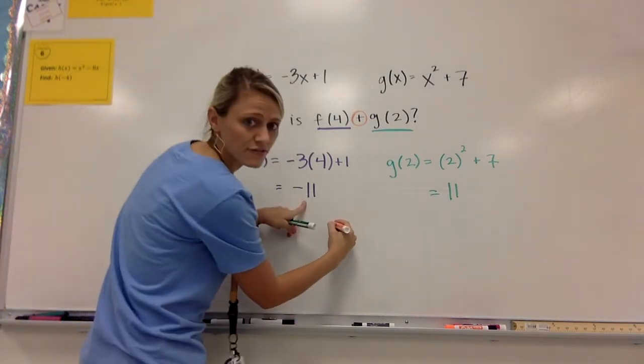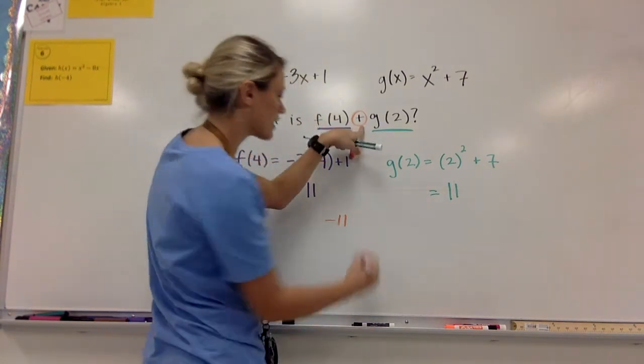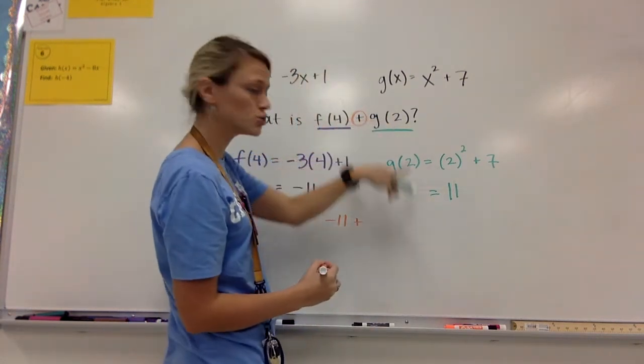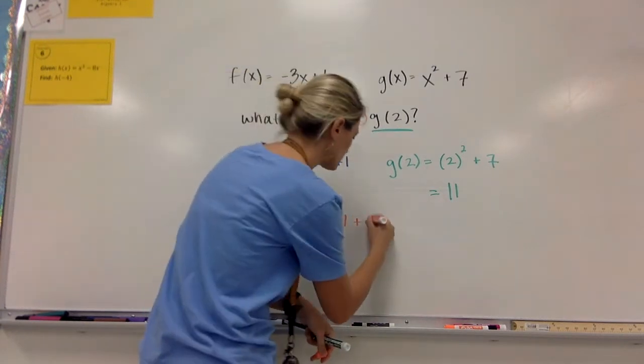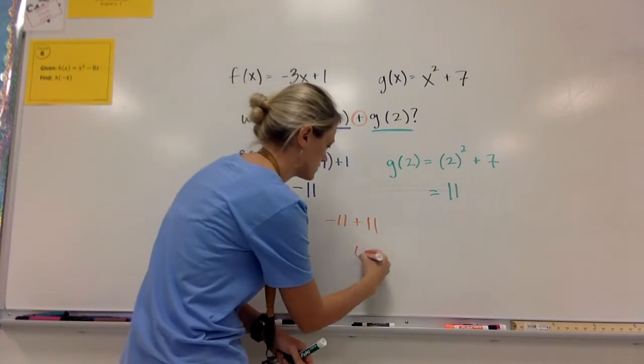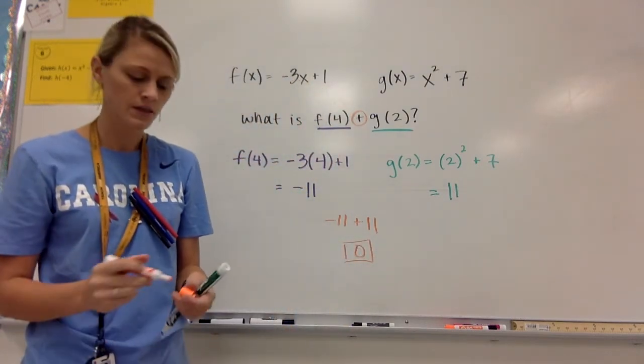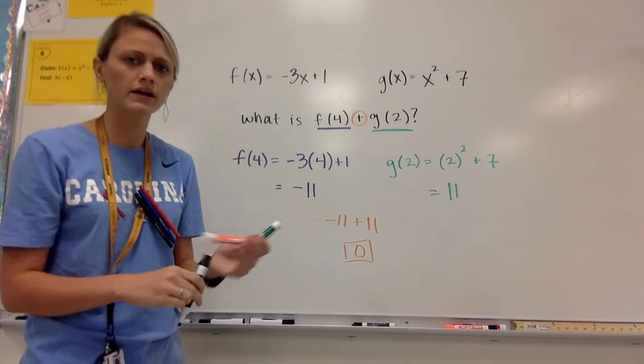So now I've got my f of 4, which is negative 11, plus my g of 2, which was positive 11. Negative 11 plus positive 11 equals 0, okay?